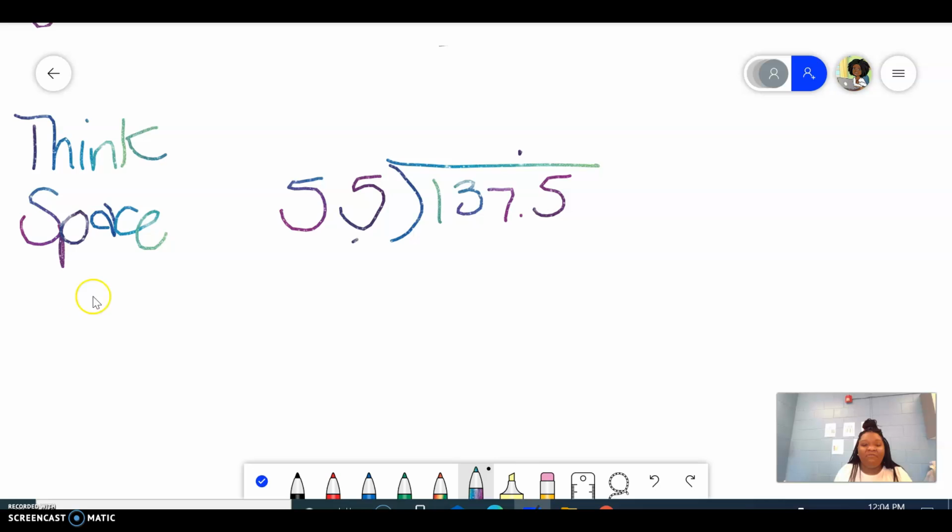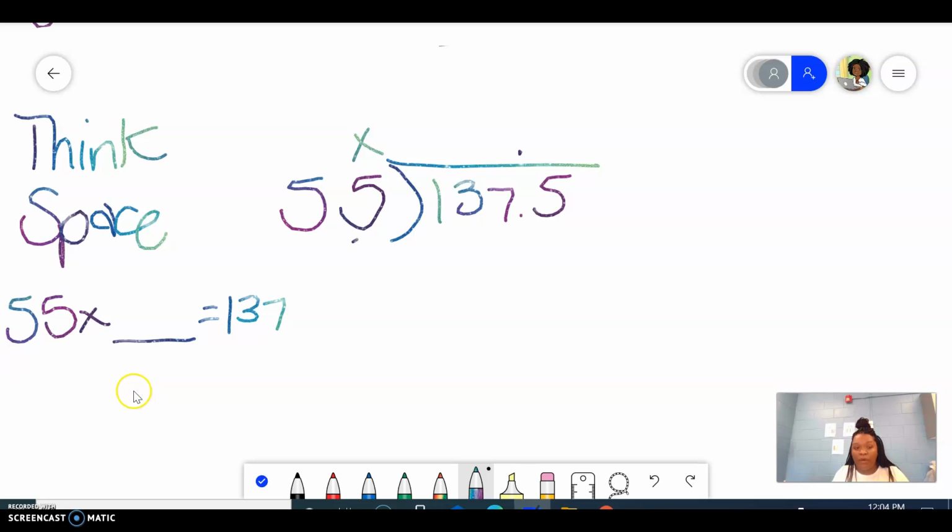Remember our first step in long division. I have to find out if 55 times what is going to come closest to equaling 137 without going over.